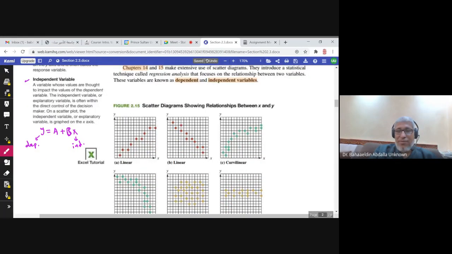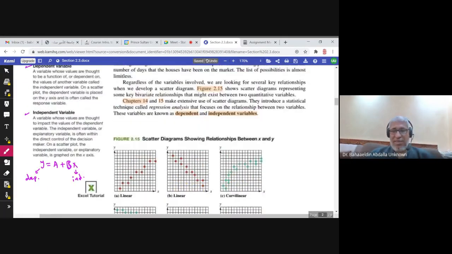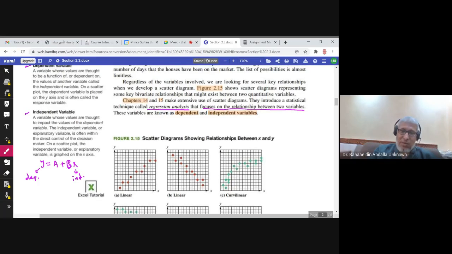Notice that this is called regression analysis. We will focus on: is there a relationship between the two variables x and y?